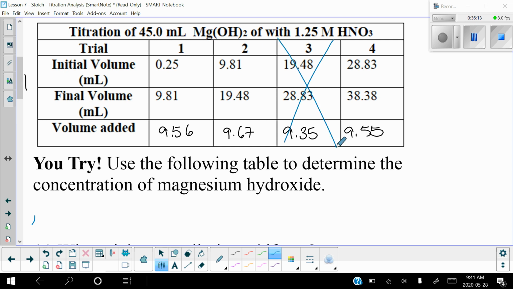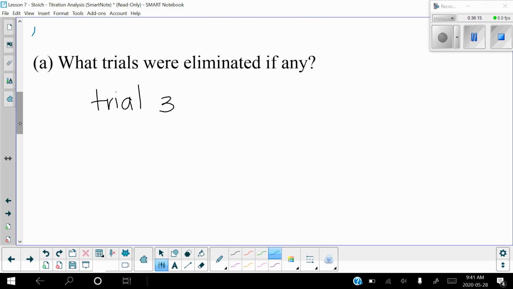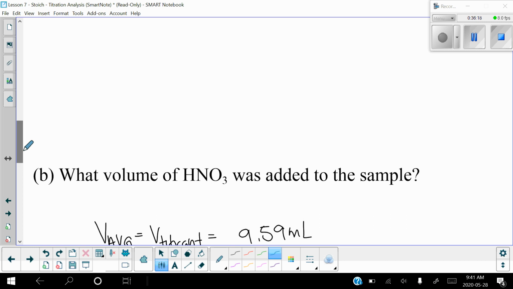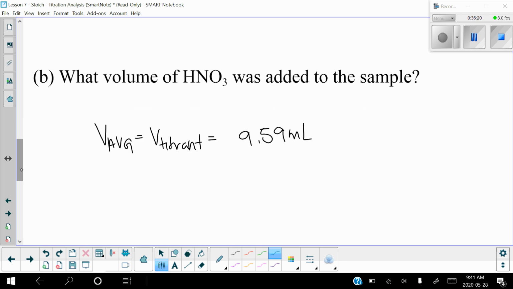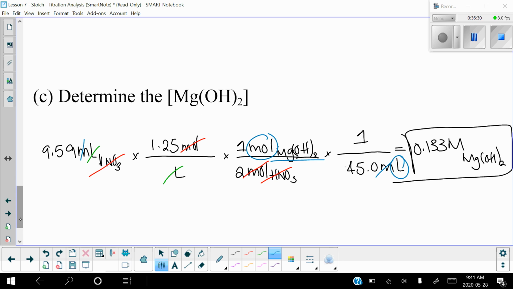And I would have to say it's trial 3. So we've eliminated trial 3. From there, you are then going to average the remaining volumes and you'll get an averaged volume, or the volume of your titrant, of 9.59. From there, you will perform your Stoich and you should get a concentration of 0.133 moles per liter.